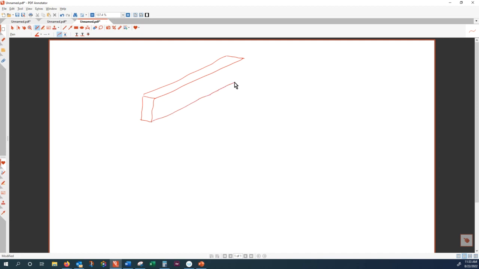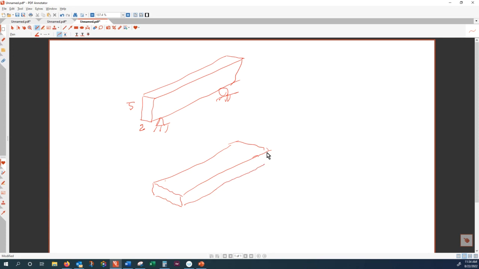So this timber is 2 by 5, and this is the first configuration. And in the second configuration, you decide to place your beam like so.